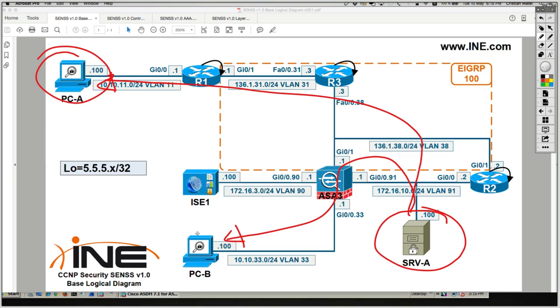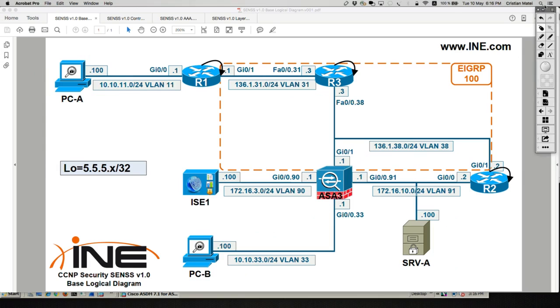Because if it speaks to PCB and PCA, chances are that PCA and PCB got infected as well. That's the file or device trajectory, to see exactly what happened: who started the attack, what got infected first, and what other devices possibly got infected based on the traffic flow in the network.